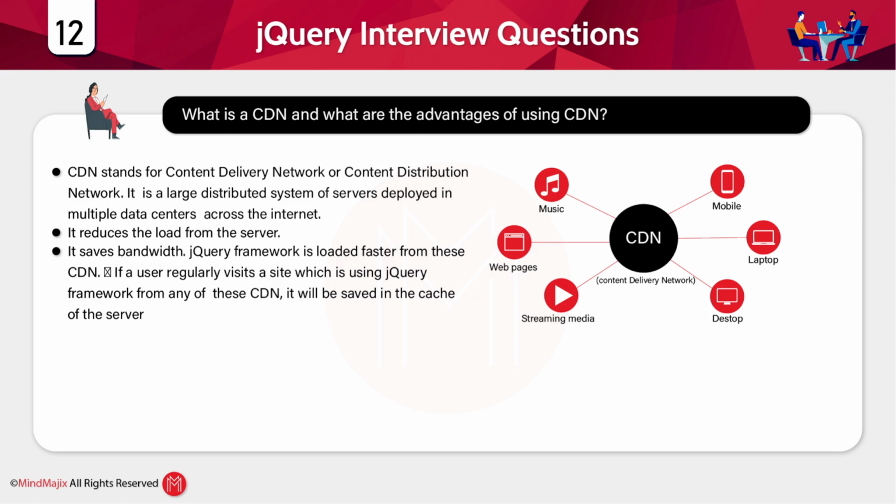It is a large distribution system of servers deployed in multiple data centers across the internet. It reduces the load on the server and saves bandwidth. The jQuery framework is loaded faster from these CDNs. If a user regularly visits a site which is using the jQuery framework from any of these CDNs, it will be saved in the cache and your site will be loaded faster.